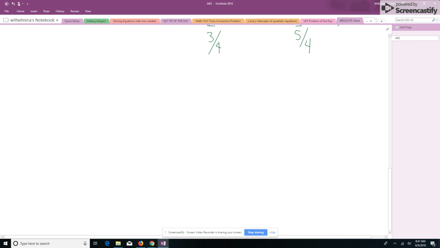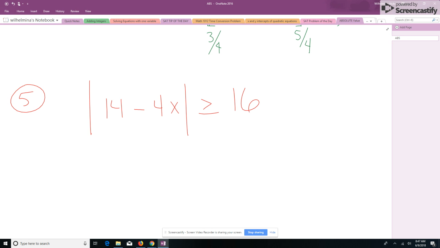Now, with one like number 5, it's an absolute value with a greater than. Okay, going back to the number line.